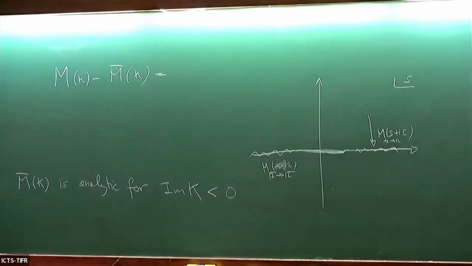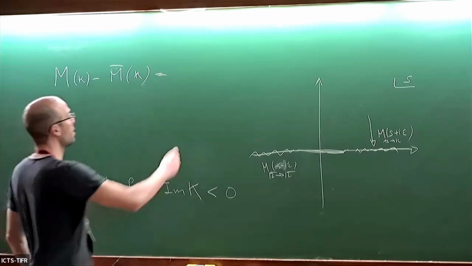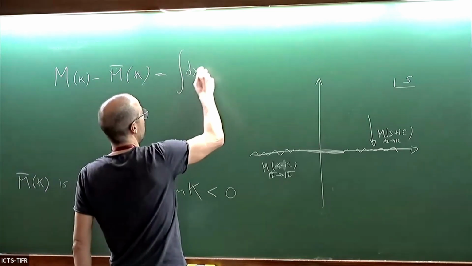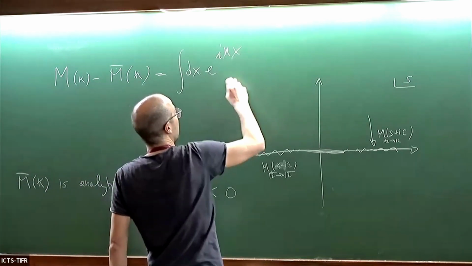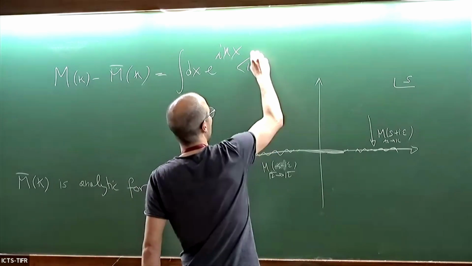Because of this minus sign here, you have one with a step function and the other one with the opposite step function, so you're going to get the Fourier transform of the commutator without step functions.